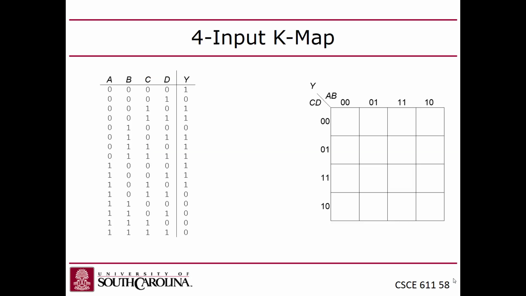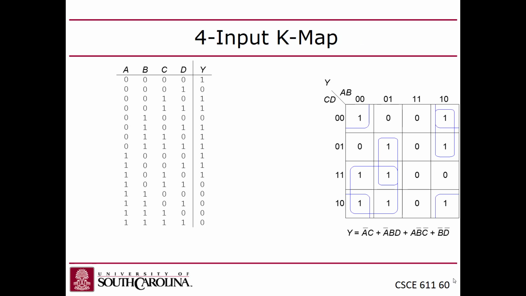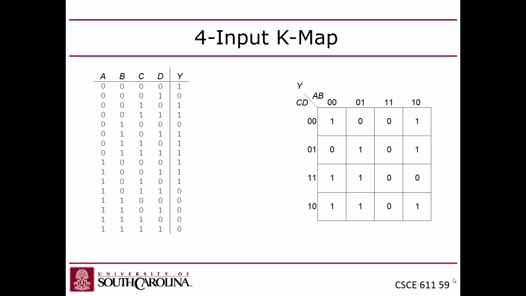Now, don't cares. Do I have an example of that? Okay, well this is a 4 input K map. Did you guys do 6 input K maps, by the way? You can actually scale this up to 6 variables. This one has 4, so it's 4 columns and 4 rows. If you were to scale this up to 6 input variables, there would be 64 cells.